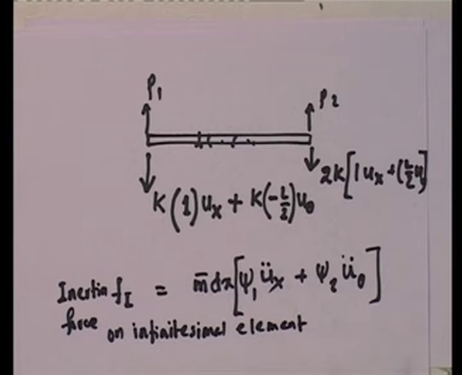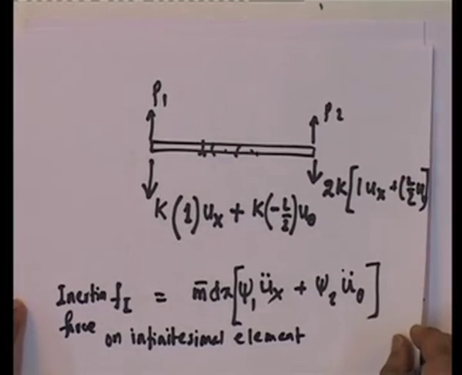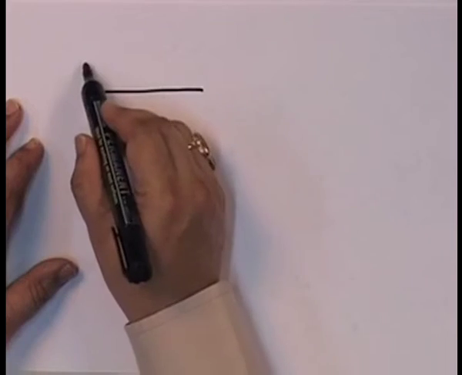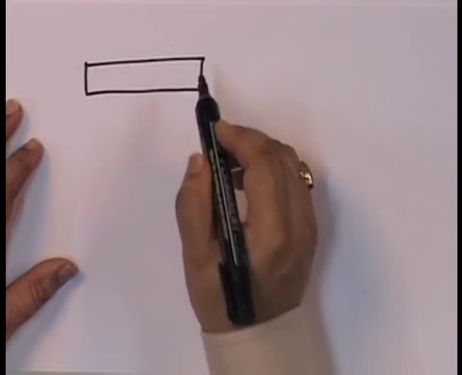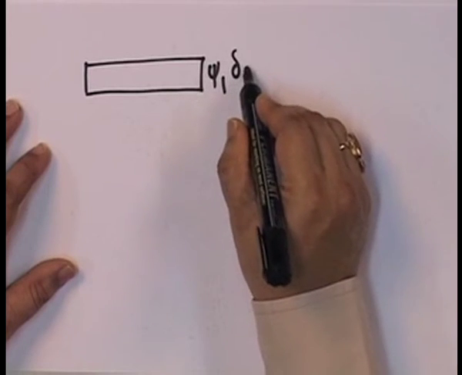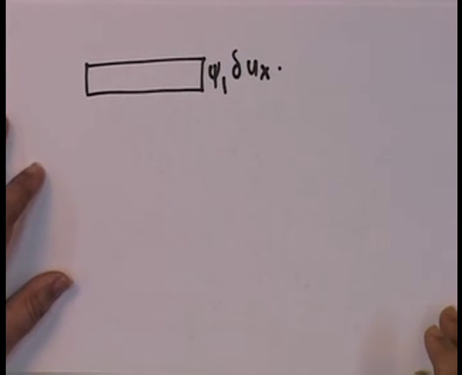So, now to solve for u x and u theta, we require two equations. So, for writing the two equations, the first equation becomes, I am going to give it xi 1 into del u x. That is the virtual displacement that I am going to see.